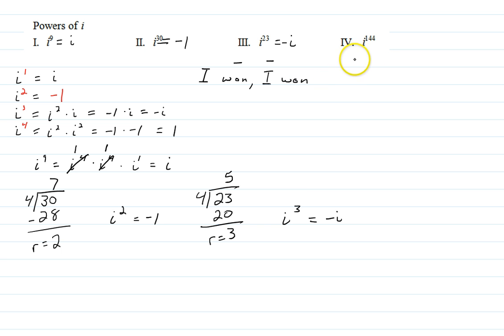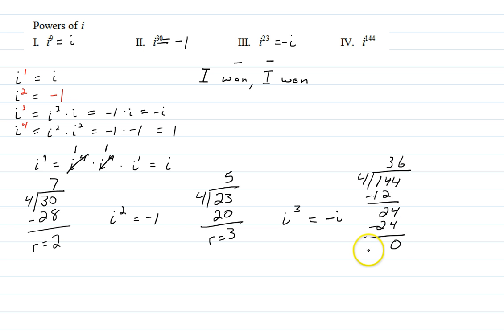And I to the 144th, take that 144, divide by 4. Not 4, 6. 6 times 4 is 24.